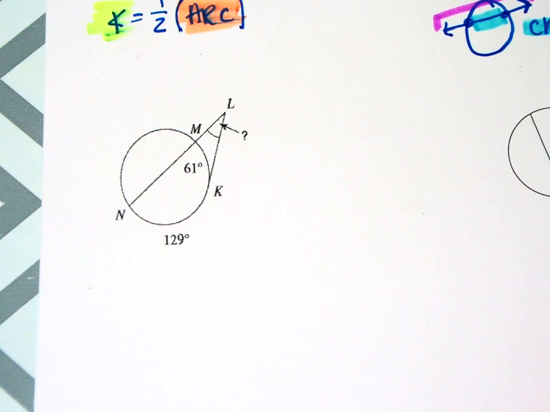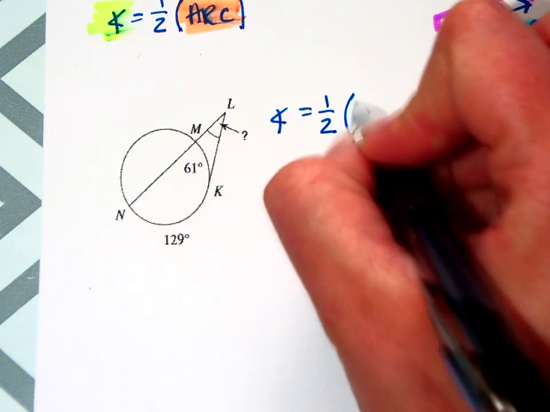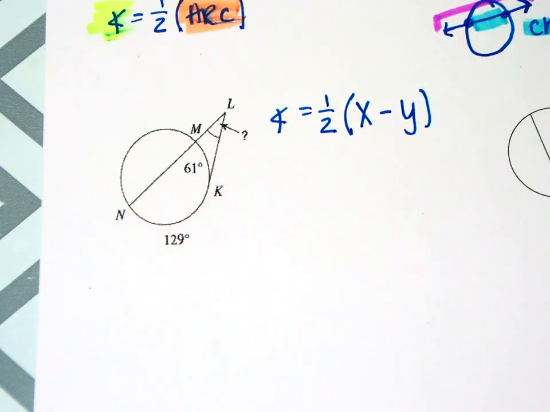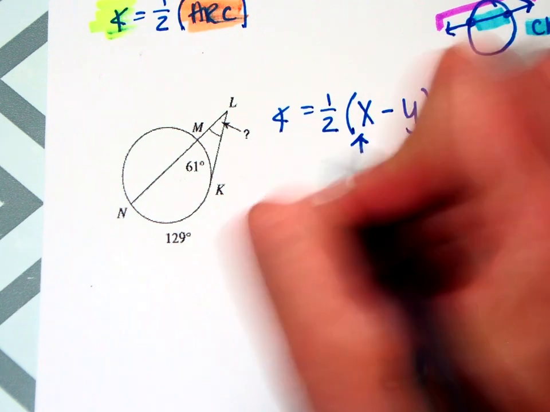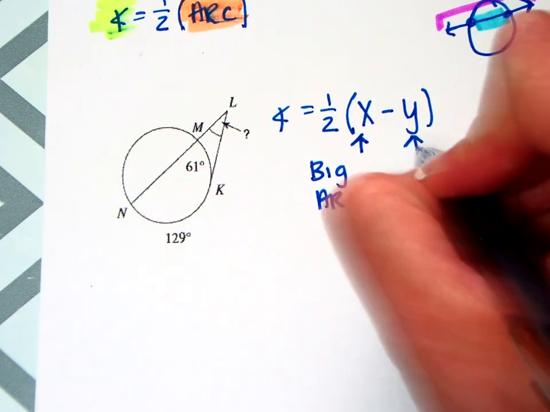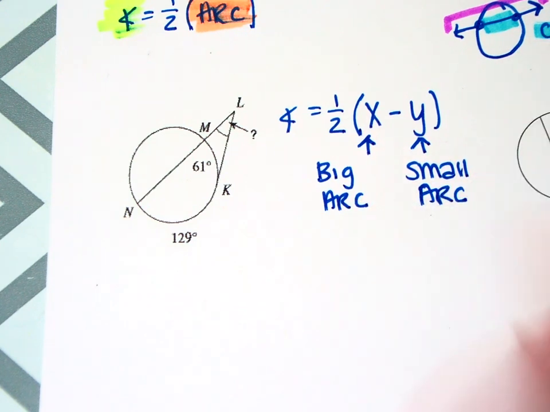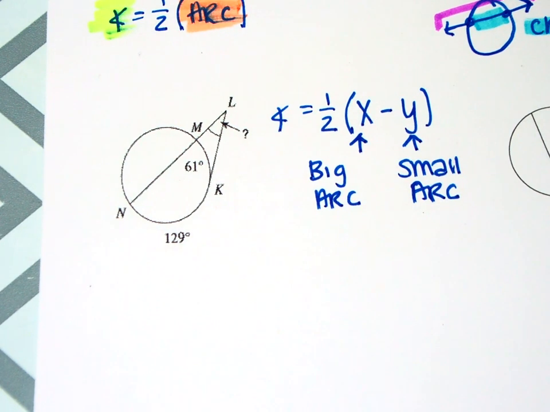So in this kind of problem, it's angle equals half x minus y. But the important part is x has to be the big arc and y has to be the small arc. Big minus small. If you flip it, you get a negative answer, and we don't want negatives. Negatives are no-nos.